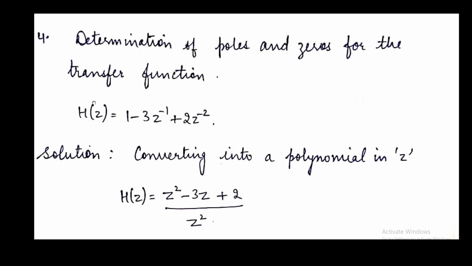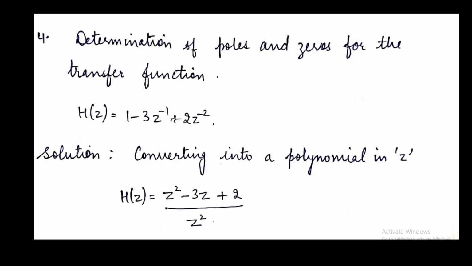We are given a transfer function H(z) that corresponds to some filter, and it is given as 1 minus 3 z inverse plus 2 z inverse squared. Now first we have to determine the poles and zeros so that this filter should be a causal filter.